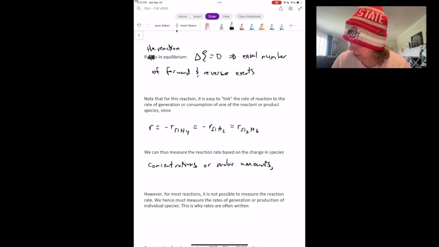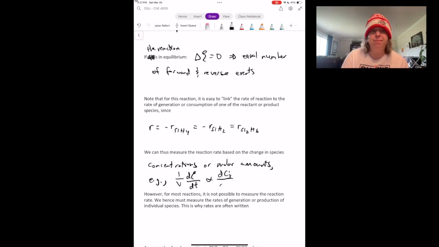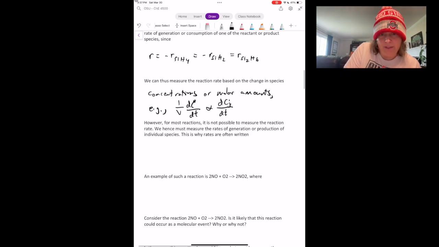And so we can say, for example, 1 divided by volume, dz dt is going to be proportional to dCj dt. This is true for the simple reaction.